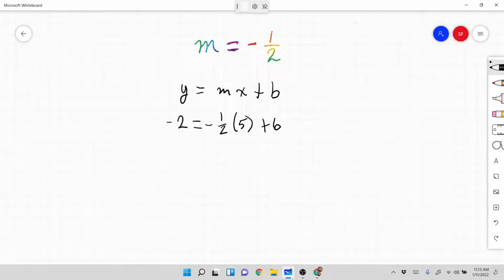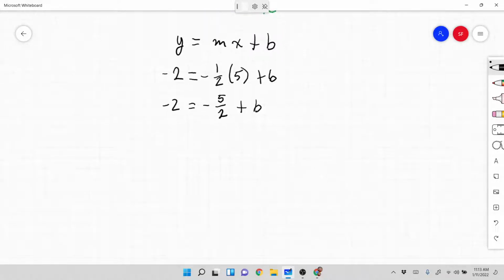So what's -1/2 times 5? Negative 5/2. I agree. And then we're going to add 5/2 to both sides. So what's -2 plus 5/2?